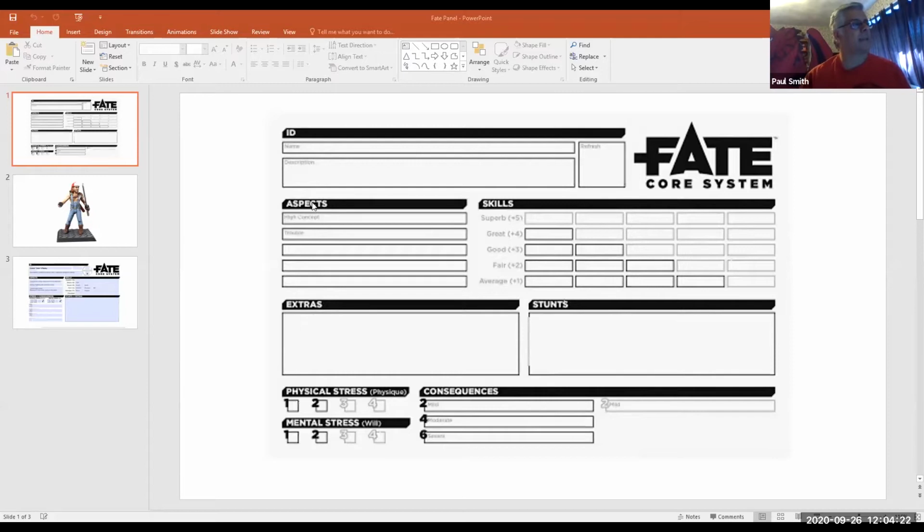This is the part of the sheet I want to direct you towards, where it says aspects. You can barely read it, but there are about five blanks here. One says high concept, one says trouble, and then there are a few blanks underneath. When I'm creating a character, and what I'm working on for my next book series as well, first I look at what we call a high concept aspect.